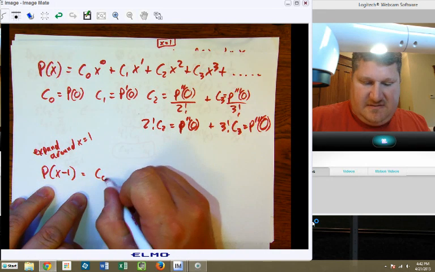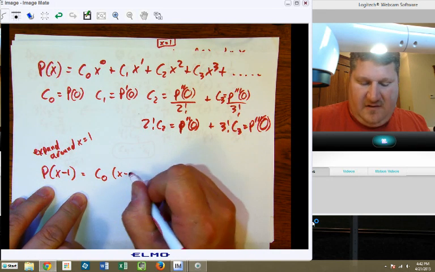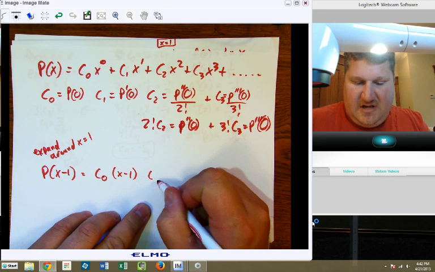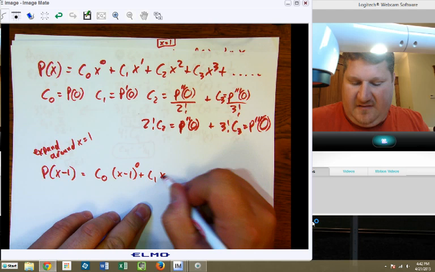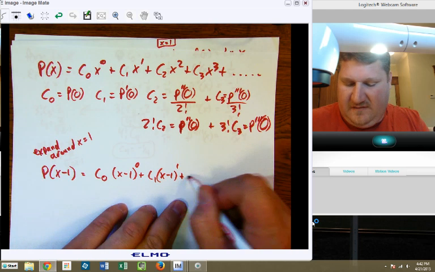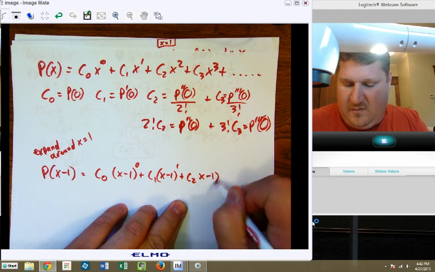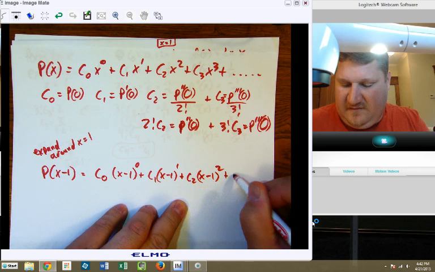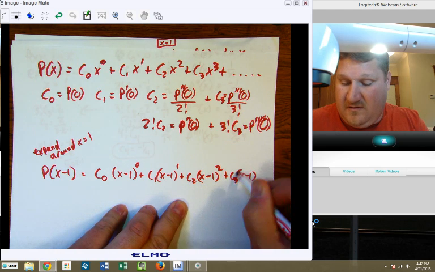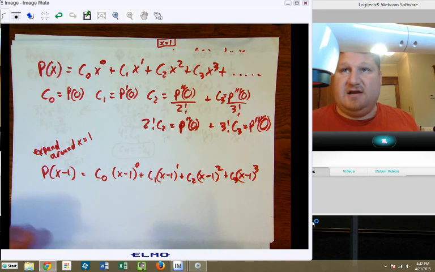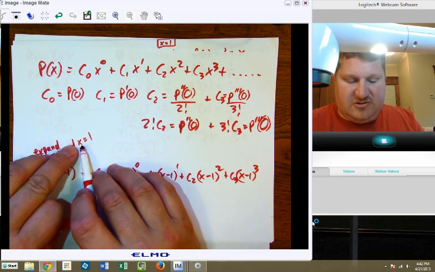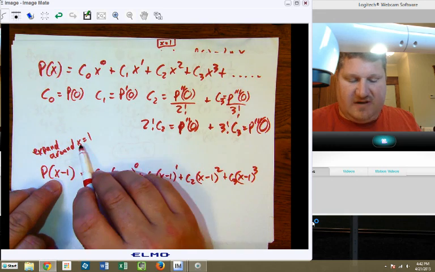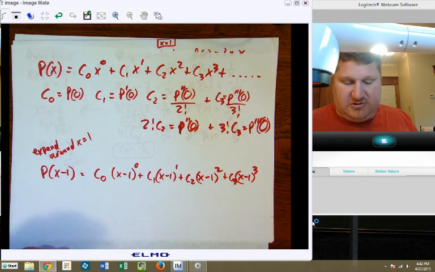So now it's c sub 0 times x minus 1 to the 0, plus c sub 1 times x minus 1 to the first, plus c sub 2 times x minus 1 to the second, plus c sub 3 times x minus 1 to the third. Not entirely shocking. If it's not expanded around 0, we have to turn the solution into a factor. So x equals 1 turns into x minus 1.